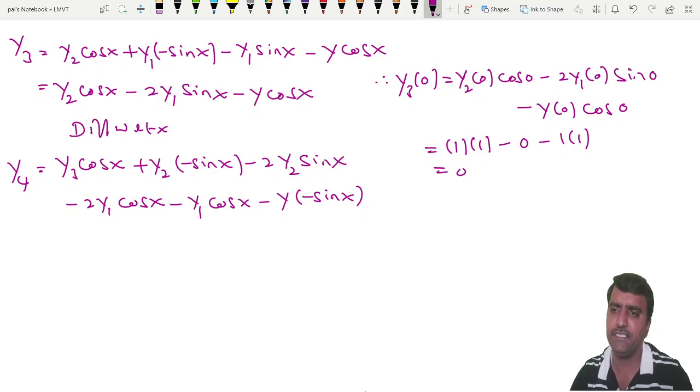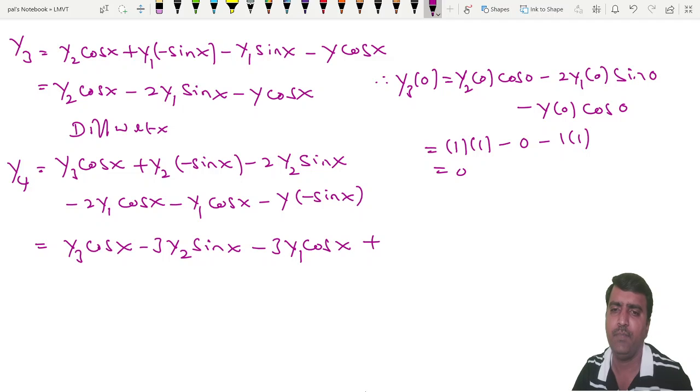Its simplification gives y3 cos x, and you can add these two terms, it is minus 2 y2 sin x minus y2 sin x, that is minus 3 y2 sin x. And here it is minus 2 y1 cos x minus y1 cos x, which is minus 3 y1 cos x, plus y sin x plus y sin x. So we need to find y4 of 0.